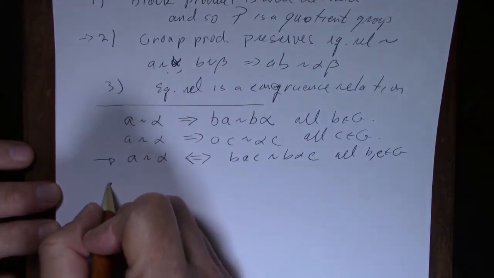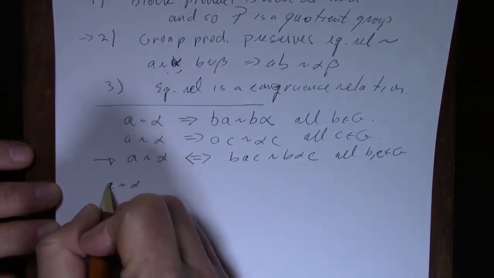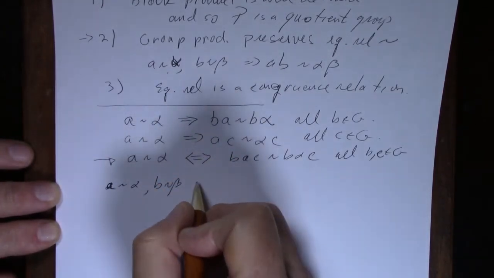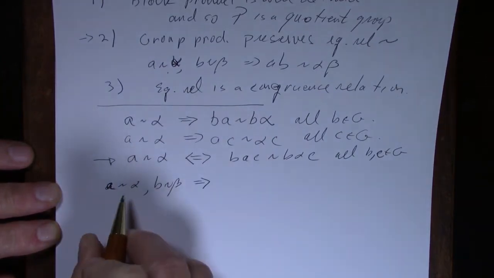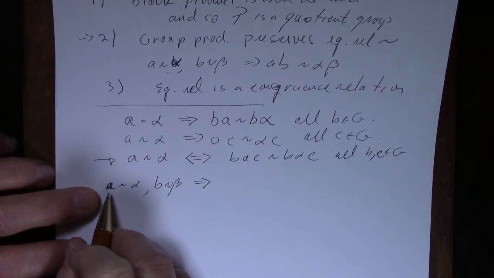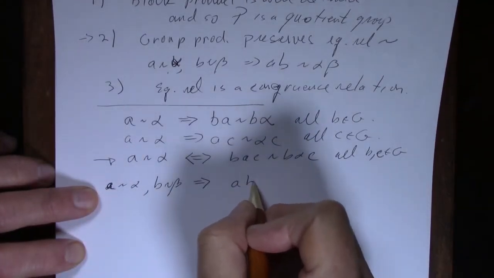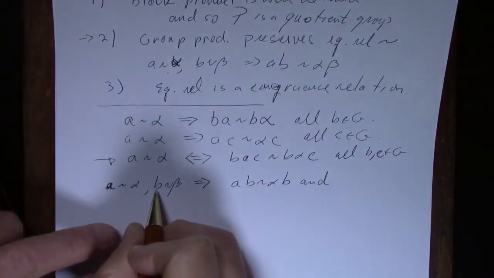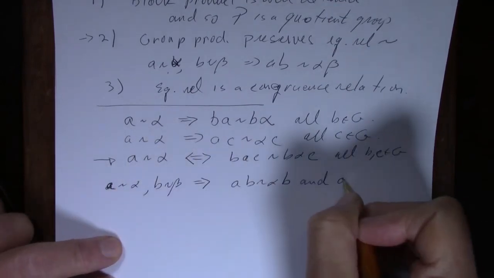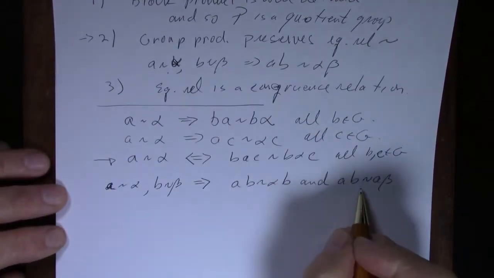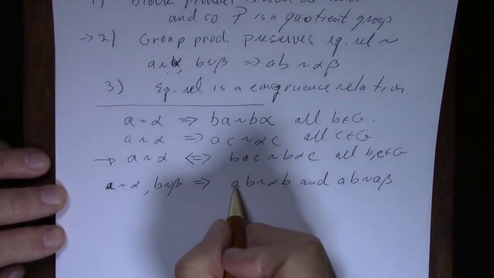So let's take A related to alpha and B related to beta. What I'm going to do, I want to produce AB in both these cases. So I post-multiply by B and pre-multiply the second one by A. Whoops, I did that wrong. Try it again.